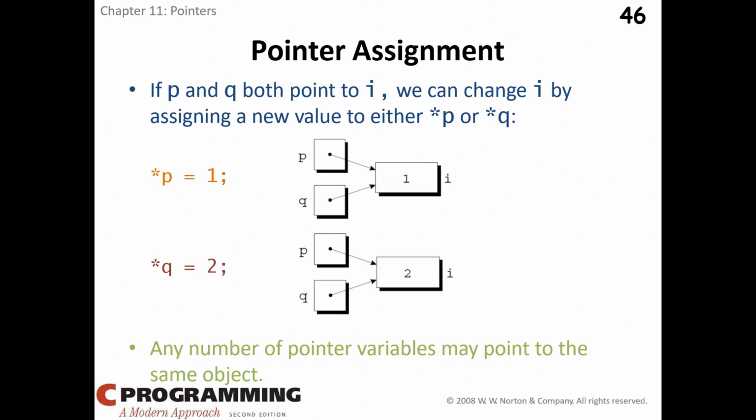So for instance, here in the slide, *p = 1 assigns the value 1 to the memory location pointed to by p, which in turn modifies the value of i. And similarly, *q = 2 assigns the value 2 to the memory location pointed to by q, also affecting the value of i.